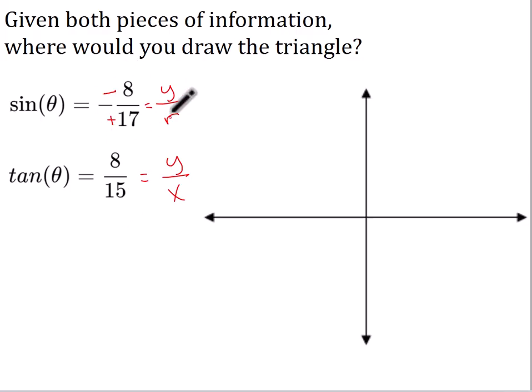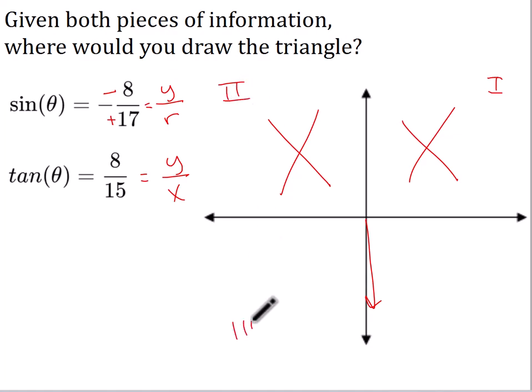And so if y has to be negative, that means I have to be down here, which means that quadrant 1 and quadrant 2 are out and quadrant 3 and quadrant 4 are in. And so if we know that negative 8 has to be negative, but the whole thing for tangent has to be positive, we know that 15 also has to be negative, which puts us into quadrant 3, where y and x both have to be negative.